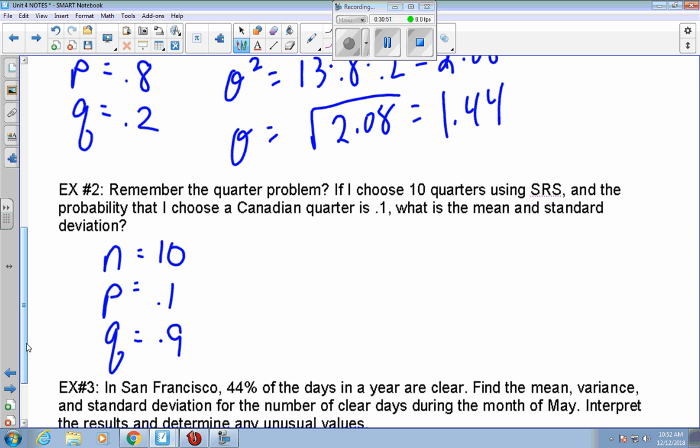The mu is 1. And again, just for practice sake, you have the variance. When you do the variance out, it's 10 times 0.1, which is 1, times 0.9, is 0.9. And then the standard deviation is the square root of 0.9, which gives you 0.95. Remember, your P of x goes 3 decimal places. Your mean, your standard deviation will vary.